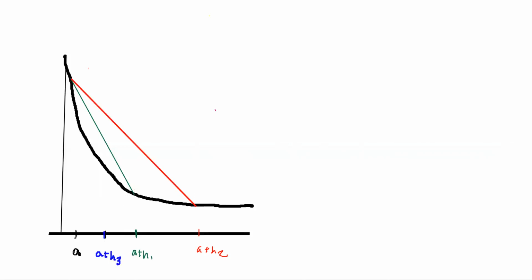Now if I add a plus h3 here, which is the best approximation of the graph? A plus h3. And this is a plus h4.